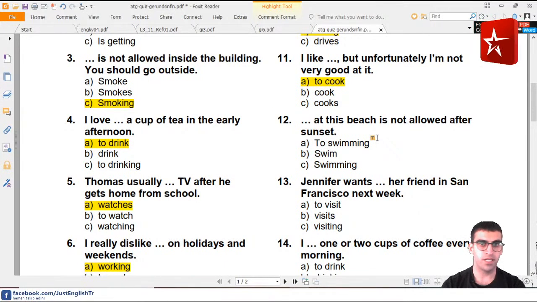Swimming is the correct answer, guys, not to swim. Swimming at this beach isn't allowed after sunset. 12 is C. Yes.